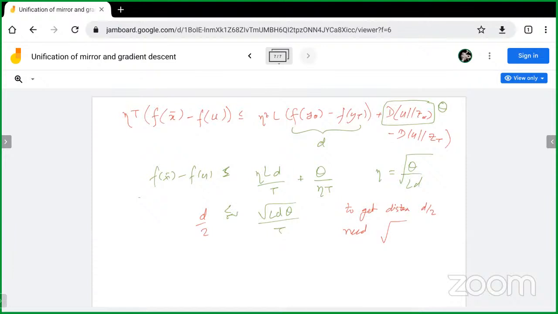L theta over B steps, right? Essentially you need that many steps.